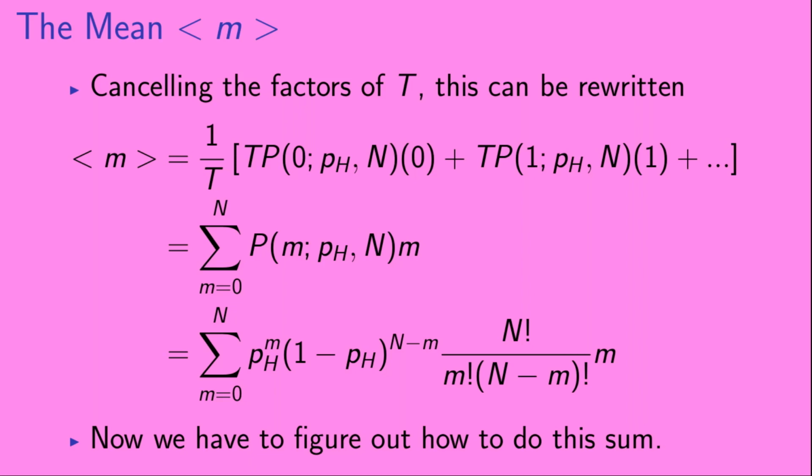And that's equal to the sum over m from m equals 0 to n of ph raised to the m power times 1 minus ph raised to the n minus m power times n factorial over m factorial n minus m factorial times m. Now we have to figure out how to do this sum.